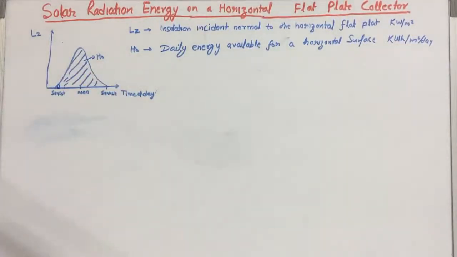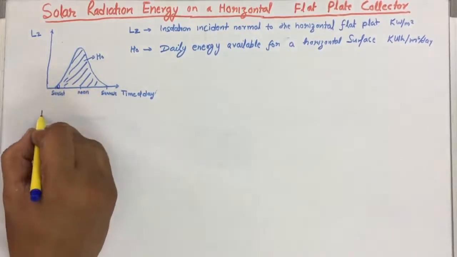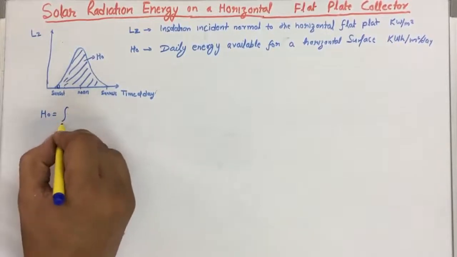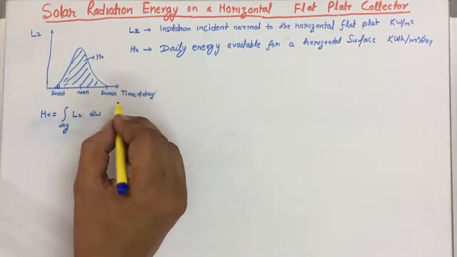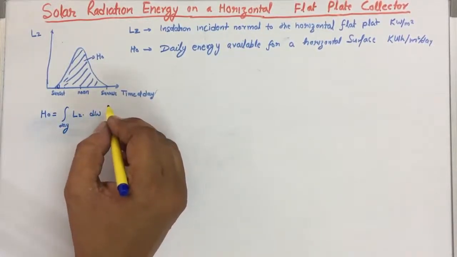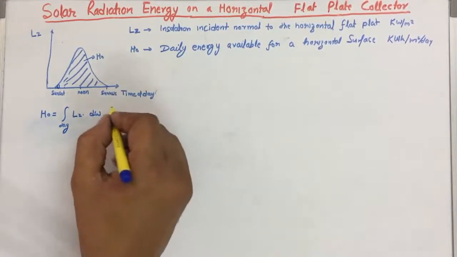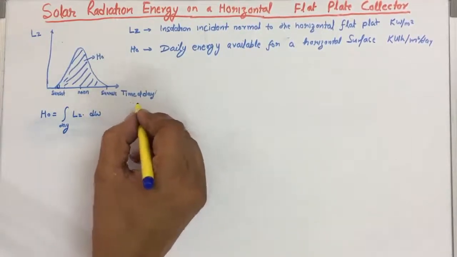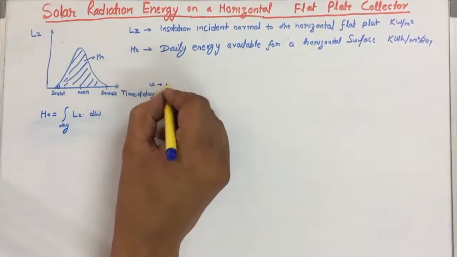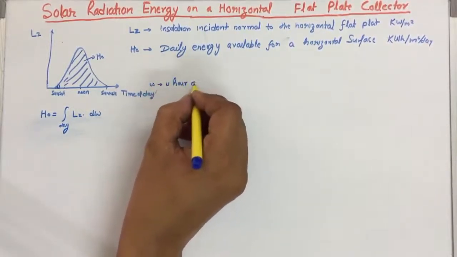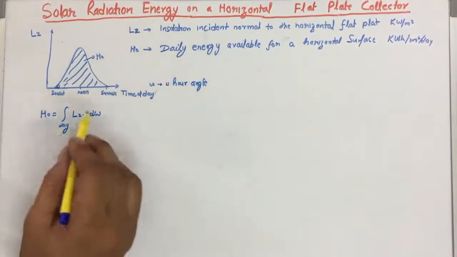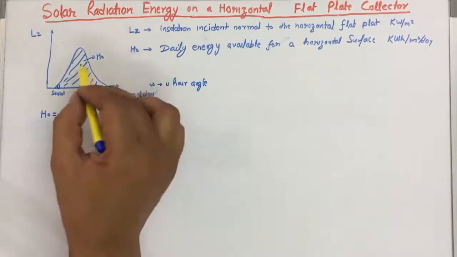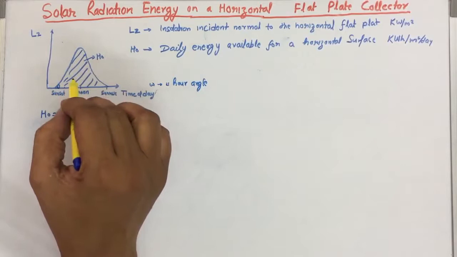So to find the full area, we sum all the areas part by part, or we can say that it is the integration over the full day of LZ with respect to dW, where W is the hour angle, to make things clear. This is the term that defines the total energy available for a day in the solar radiation coming to the flat plate collector.